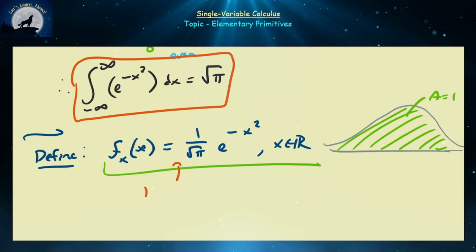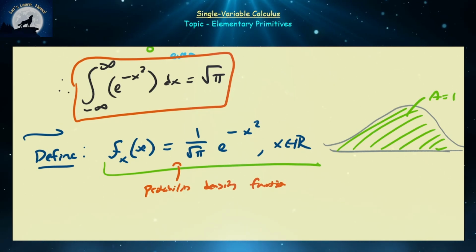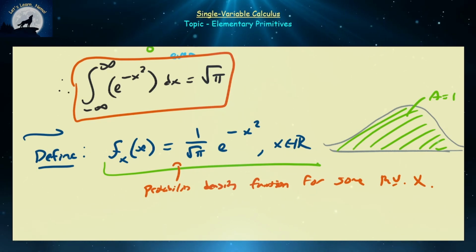So that means this is a probability density function for some continuous random variable X.